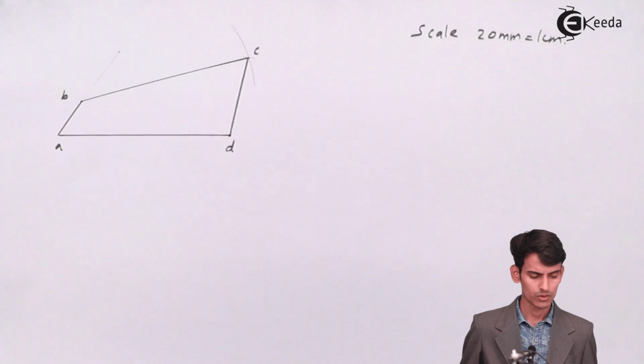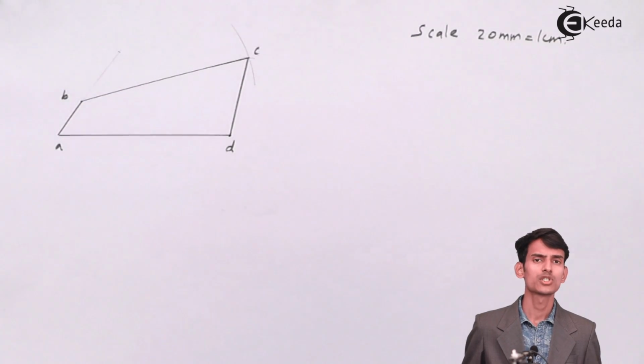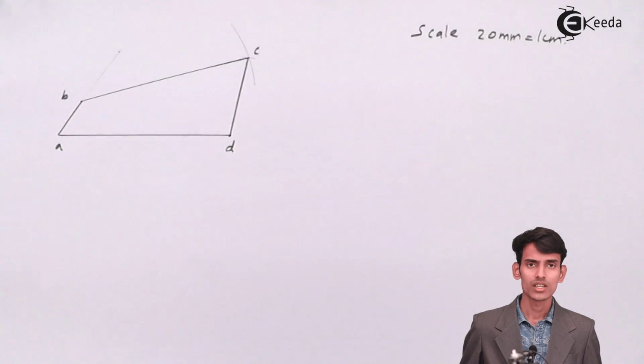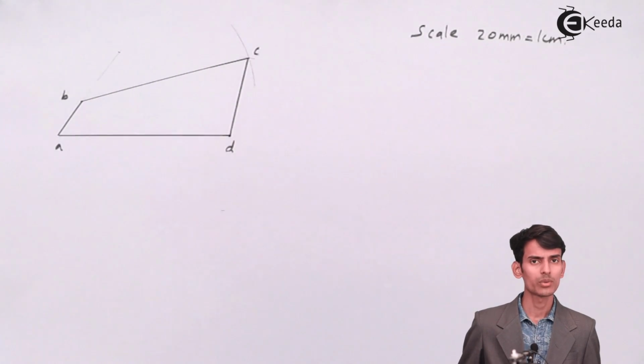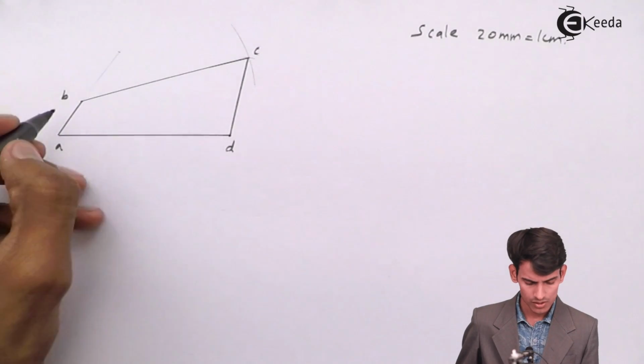Before you draw the velocity diagram, you have to see the direction in which the crank is rotating. The crank is rotating clockwise with 120 rpm, so you have to show the direction.